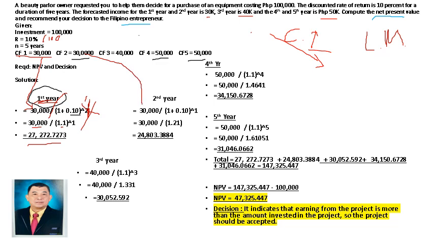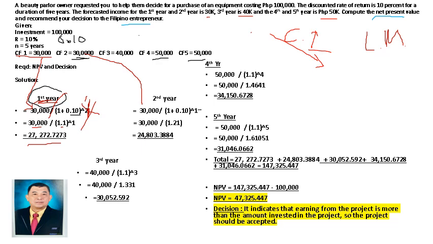The r is 0.1. So for the second year, the cash flow is 30,000 over 1 plus 0.1 raised to the second.